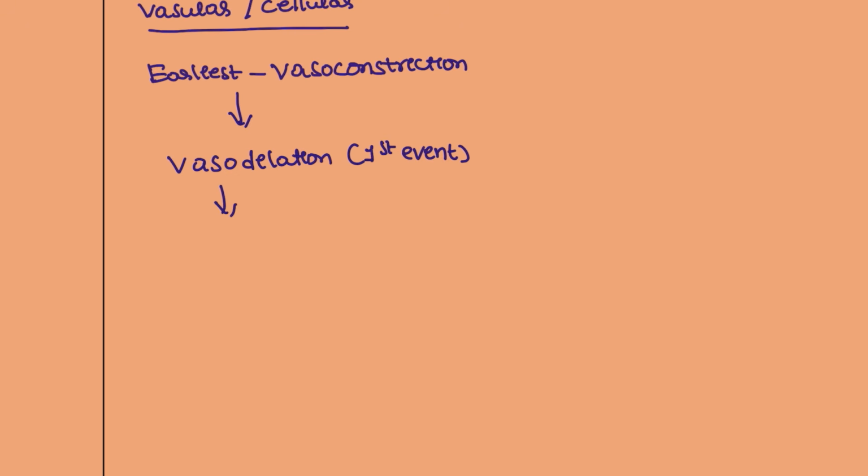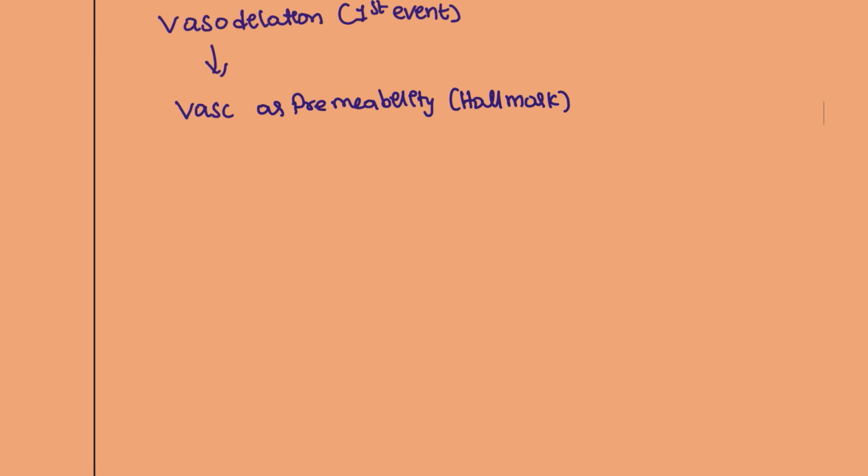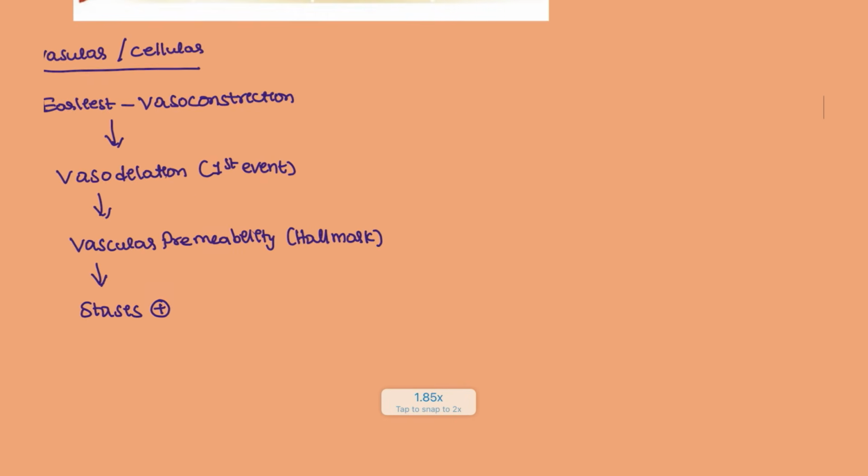And after that, there is vascular permeability. Vascular permeability is known as the hallmark. After the vascular permeability, the smooth muscle cells contract, and all the blood will be pooled at one spot, which is known as stasis. So these are the vascular events.